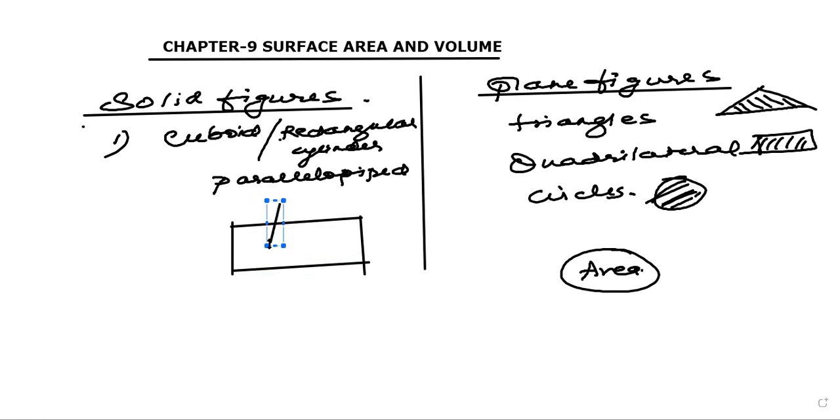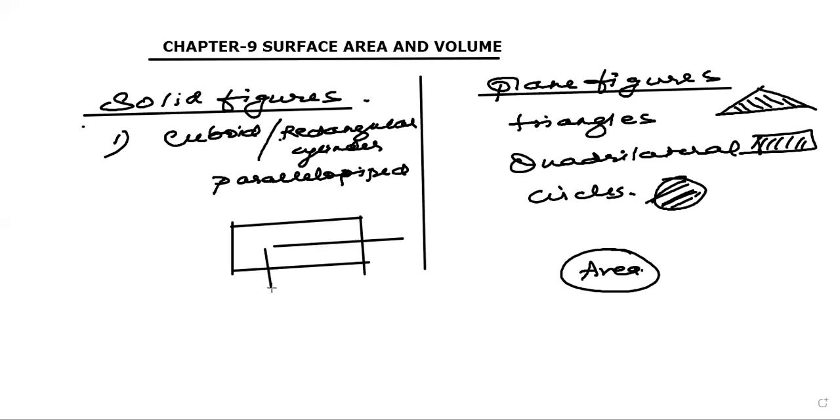This room can be called a cuboid. The compass box that you use can also be called a cuboid.